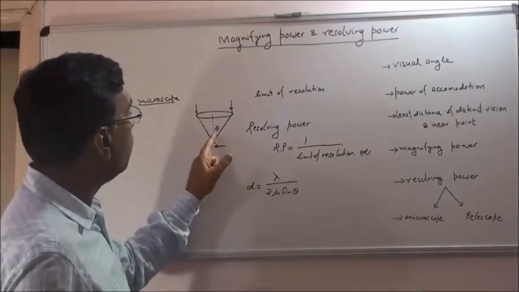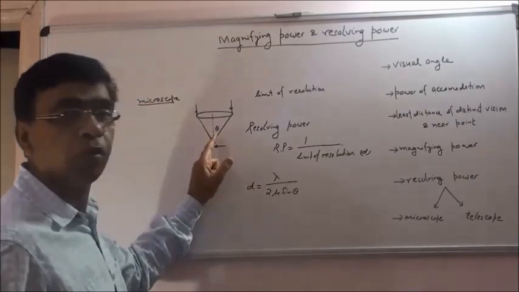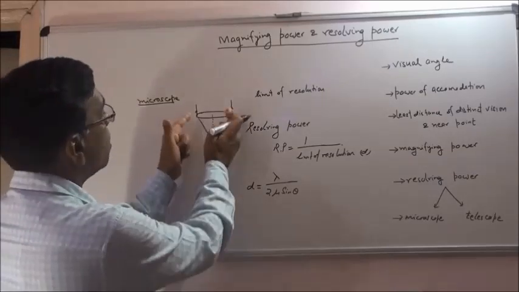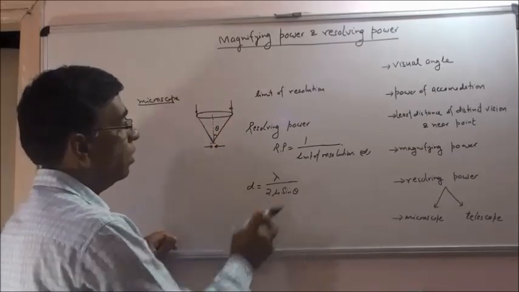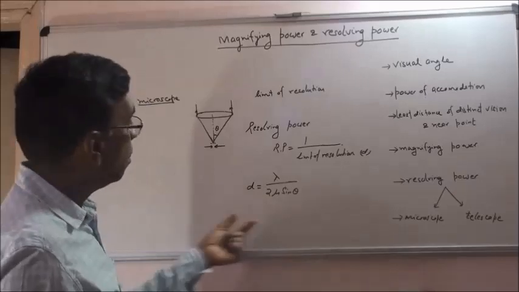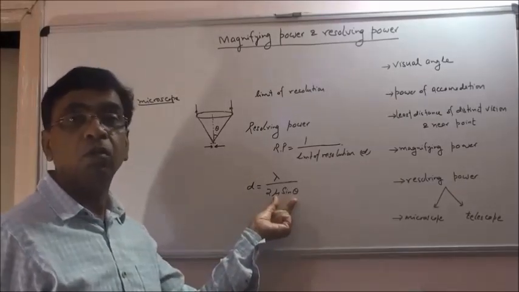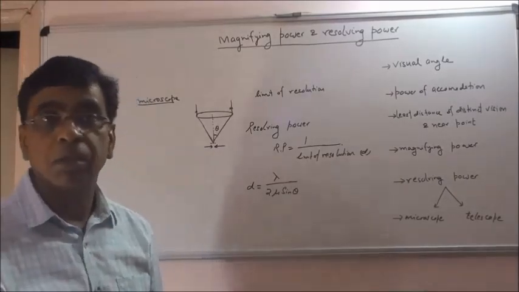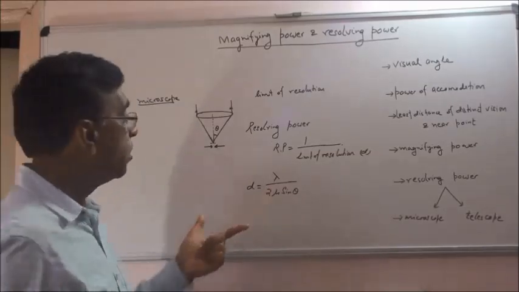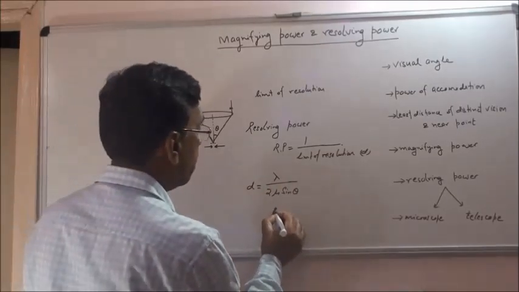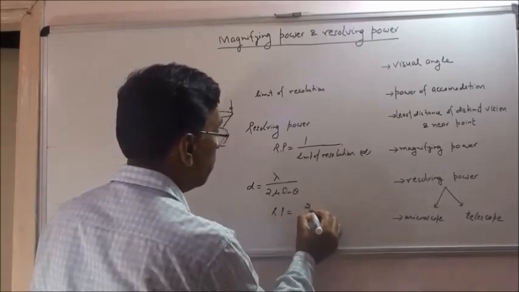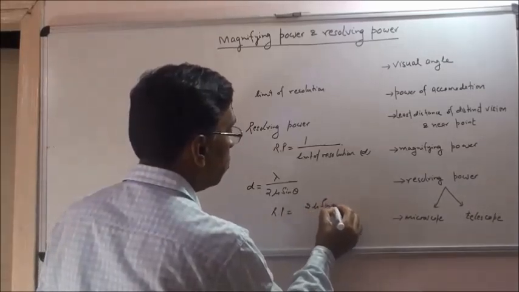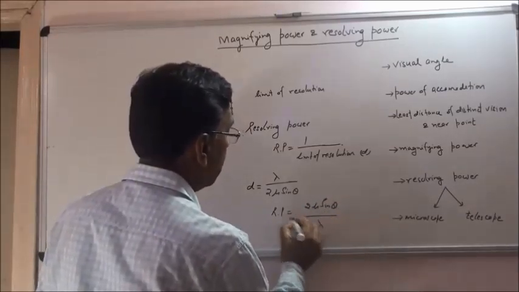And theta, we call it half of the cone angle. The cone is subtended, half of this angle is called theta. This quantity, mu sine theta, we also call numerical aperture. So what is resolving power now? Resolving power is 2 mu sine theta by lambda.